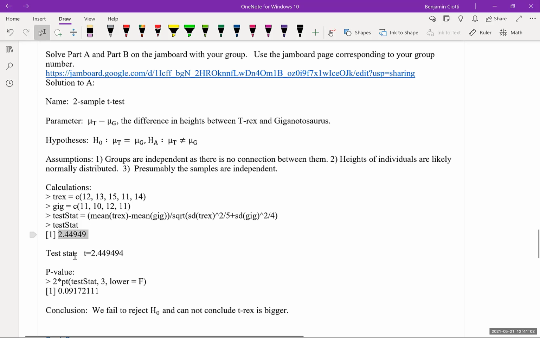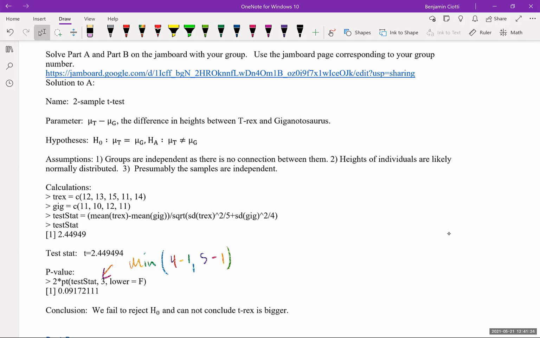So there's our test stat, about 2.45. Our degrees of freedom will be 3. Most of you correctly wrote that this is, according to our formula, the minimum of 4 minus 1 and 5 minus 1. Good.